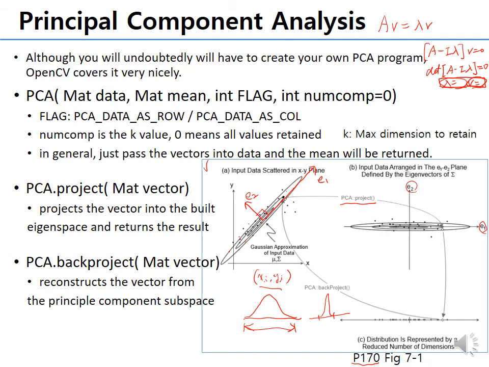Then this white dot data can be projected to the one axis E1. This is a characteristic of this data. From here to here, this is lambda.